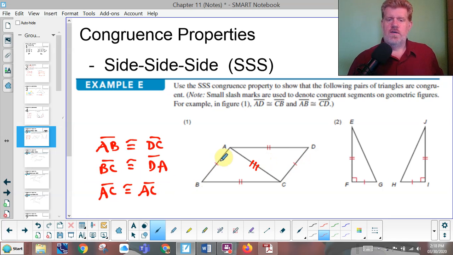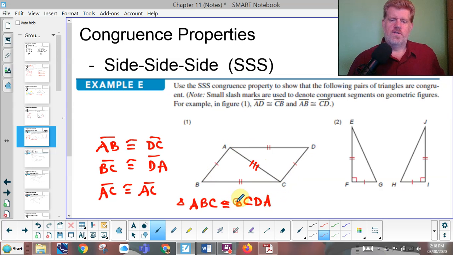What is the similarity statement? Triangle ABC is congruent to triangle. What matches up with A? C. What matches up with B? D. And what matches up with C on A?